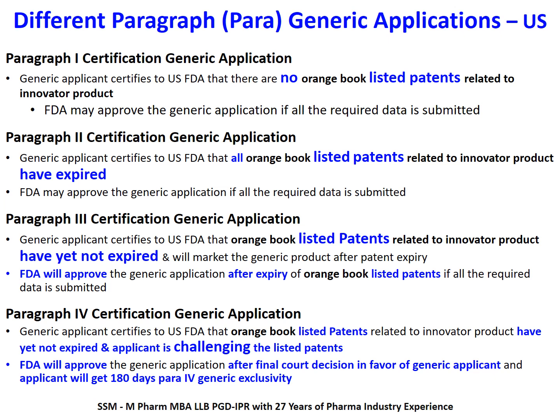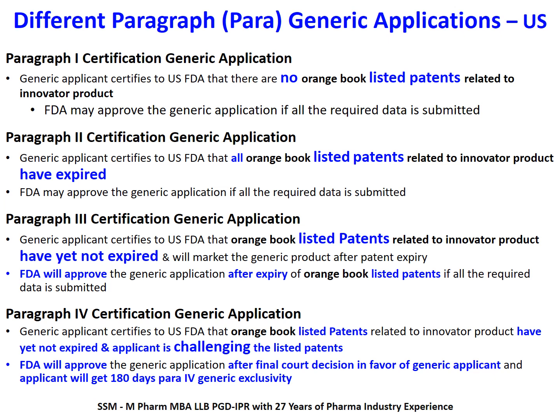Under Para 4 certification, if the generic application is approved, the first successful generic applicant under Para 4 certification will get 180 days of exclusivity, generic Para 4 exclusivity. During this 180-day exclusivity, FDA will not approve any other generic product.